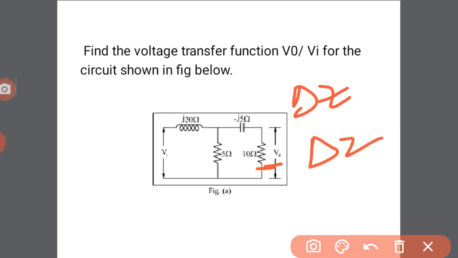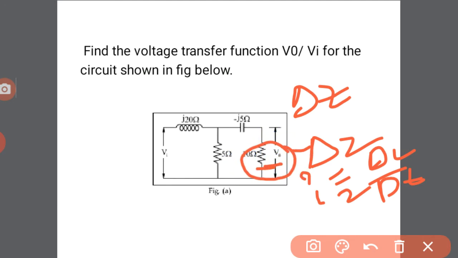V0 is related to the current I2 of loop 2, so we find I2 equal to delta 2 by delta Z. V0 is the voltage across the 10 ohm resistor, so V0 is 10 ohms into the current I2 through that resistor.